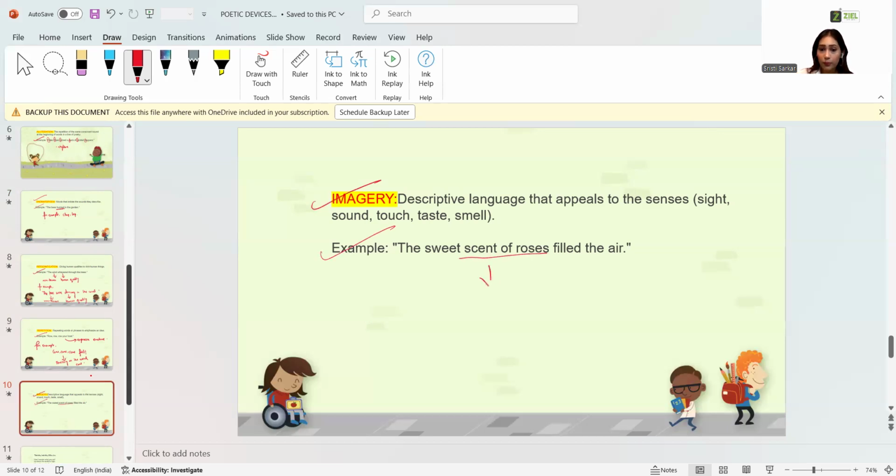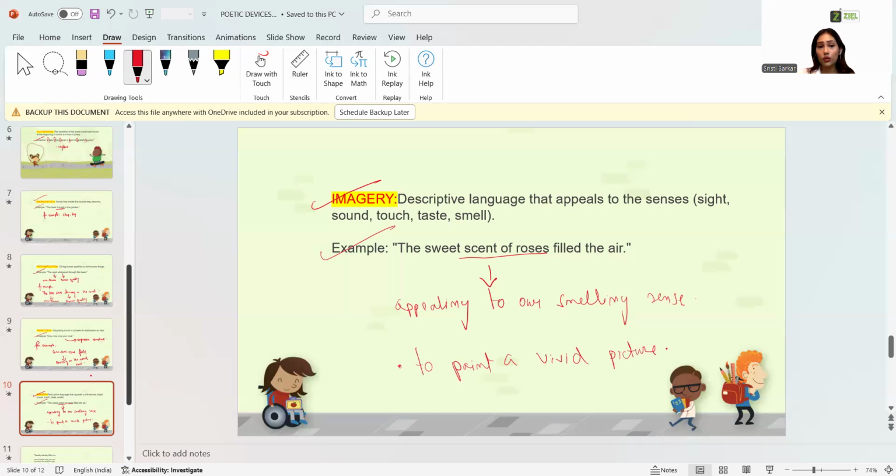Scent of roses, appealing to our sense of smell, right? So anything that appeals to our five senses is known as imagery. The poet uses imagery to paint a vivid picture.